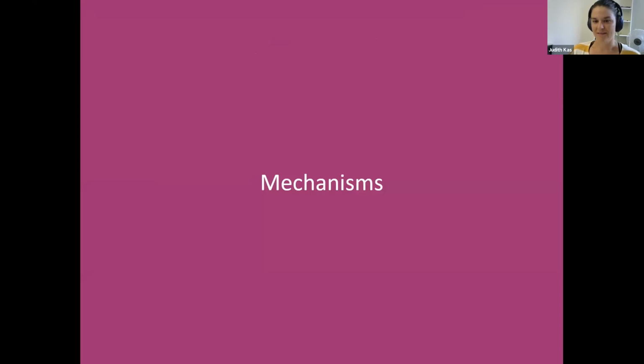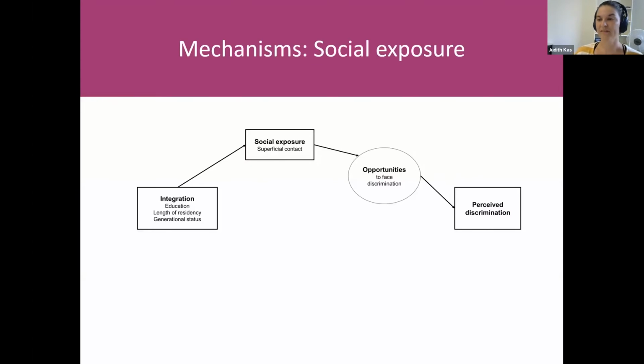So what causes this integration paradox? Why is it that immigrants who are more integrated in their destination society experience more discrimination? The first mechanism is that people with better education who've stayed in a country for a longer time are more exposed to natives.